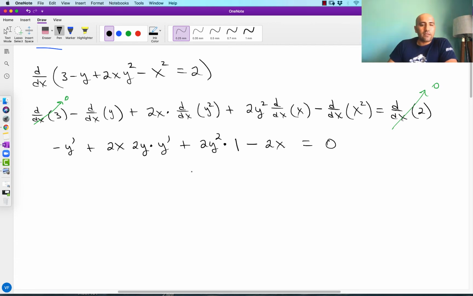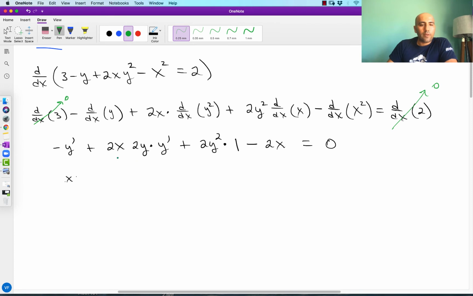So we're almost there. Let's get all the terms that have a y prime together, which they are here, and let's move everything that doesn't have a y prime to the other side. I'm going to flip these around as well, so this is going to be 2x times 2y. Okay, I should probably just simplify that to be a 4.